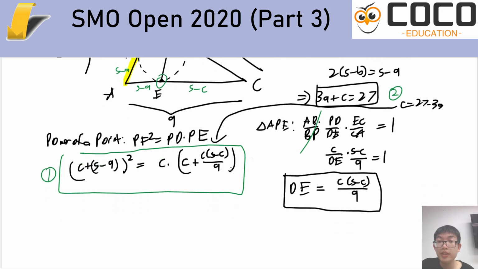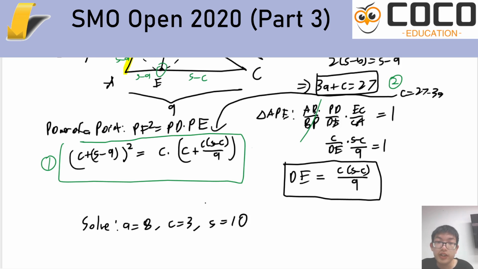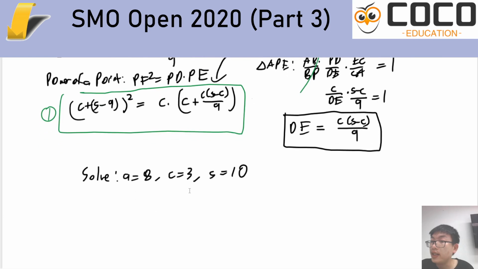I'm not going to show the simplification because that's not the most exciting part, but if you think of expanding this first, do note that a C squared would cancel out, so it's not as bad as one might fear. I'm just going to give all the values. A will be 8, and then just substitute back. C is 3, S is 10, and then substitute back into the area formula for Heron's: S minus A, S minus B, S minus C.